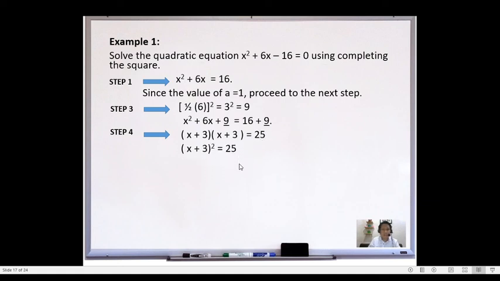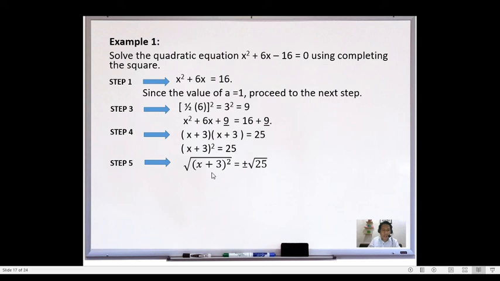For step 4, x plus 3 times x plus 3, we're going to write this one as the square of a binomial. So this will give us the square of x plus 3 is equal to 25.